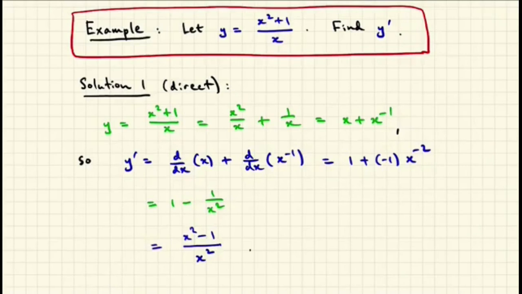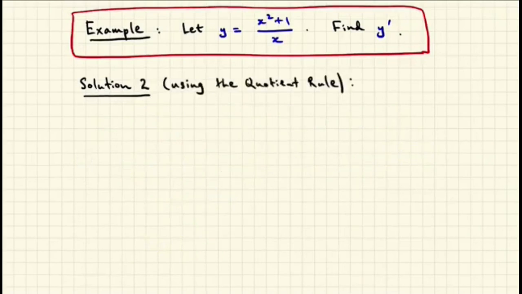An alternative solution is to apply the quotient rule, because y is the quotient of u divided by v, where u is the numerator, x squared plus 1, and v is the denominator, x. So that u dash is 2x and v dash is 1.